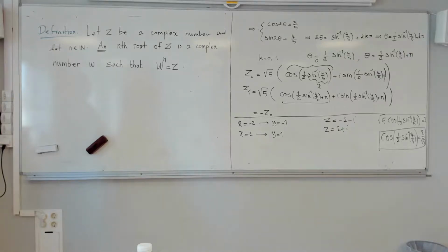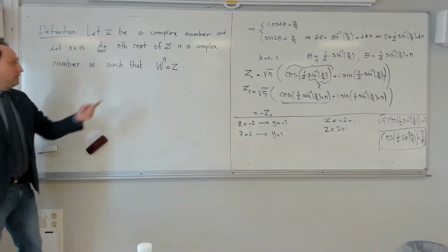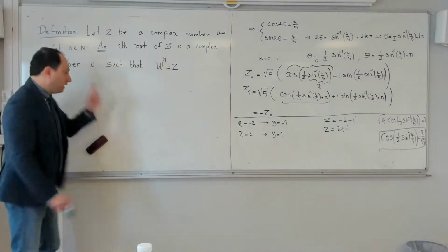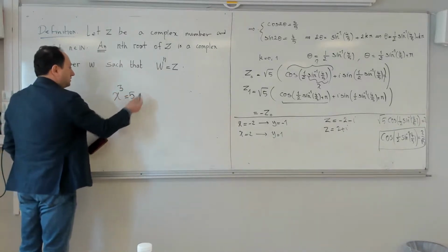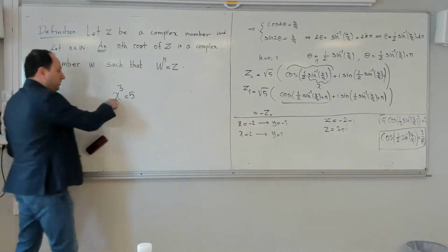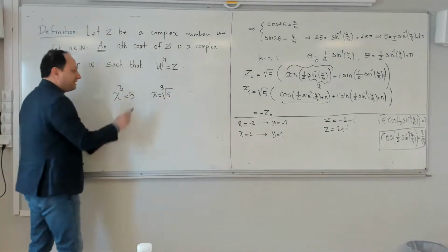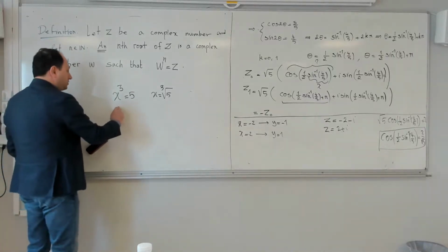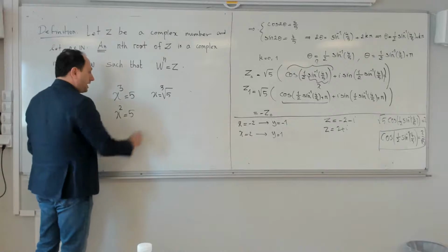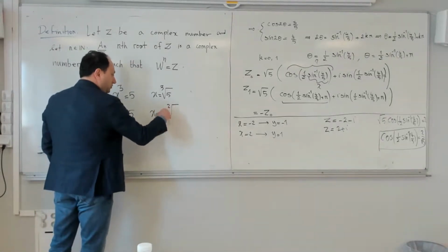Because there can be more than 2 answers. In the set of real numbers, we have 2 scenarios. If n is odd, for example if I solve this equation and ask you to find x, you would say x is the third root of 5, and there is only one of them. If I want you to solve this other equation, it becomes plus or minus the second root of 5.